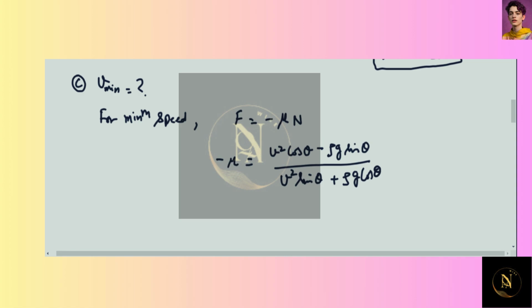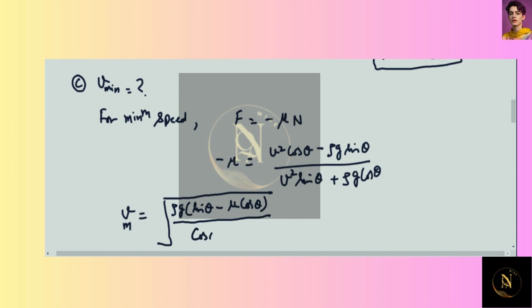So by using this equation, speed can be written as, solving our equation for speed, that is minimum speed, it would be rho into g sin of theta minus mu cos of theta divided by cos of theta plus mu sin of theta.